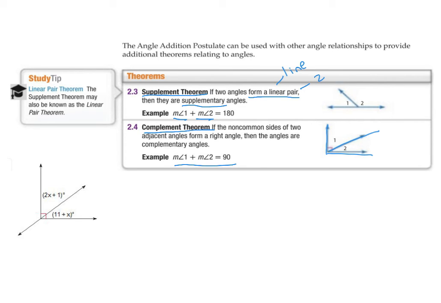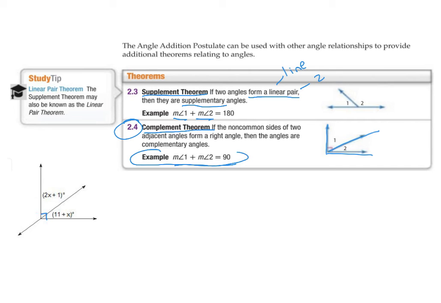So if we wanted to solve for x in this following example, I would say, okay, these two angles form a right angle because of the little box right there. So I know that these are complementary, so I'm going to use this theorem.